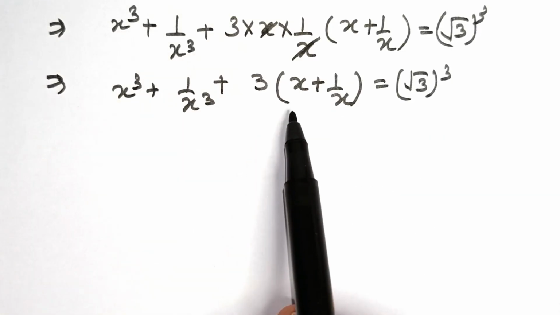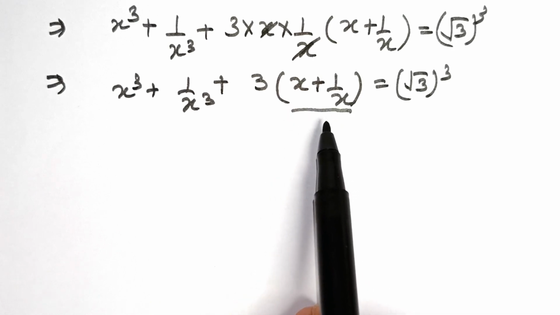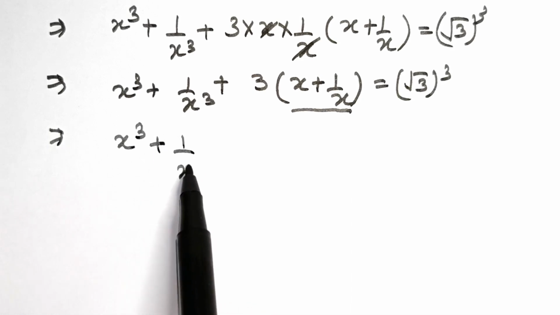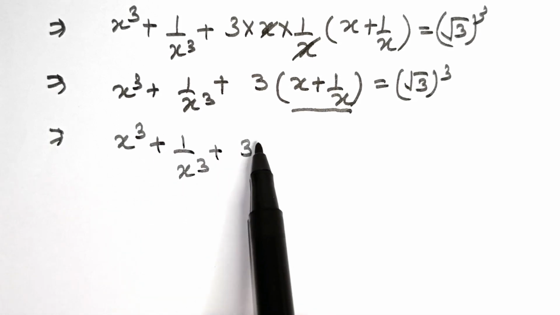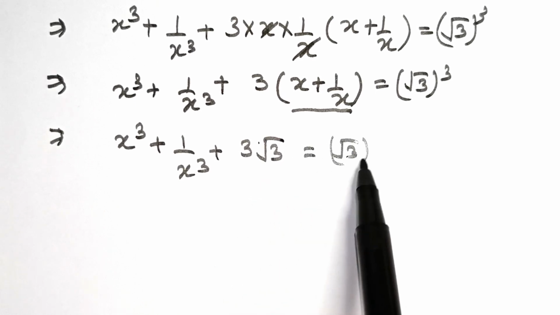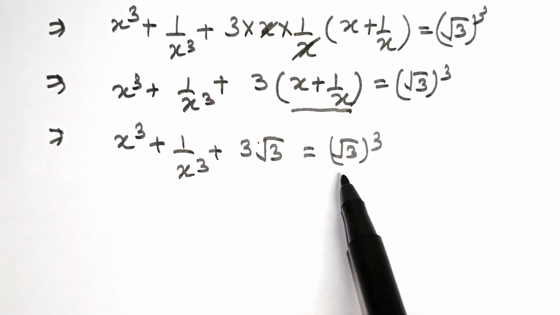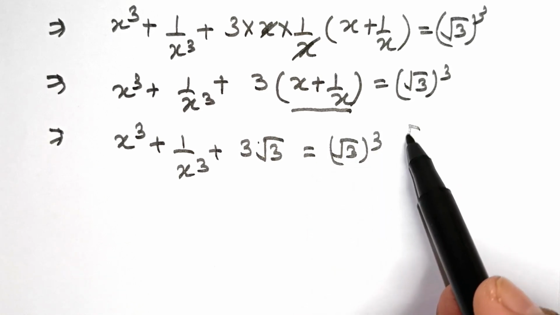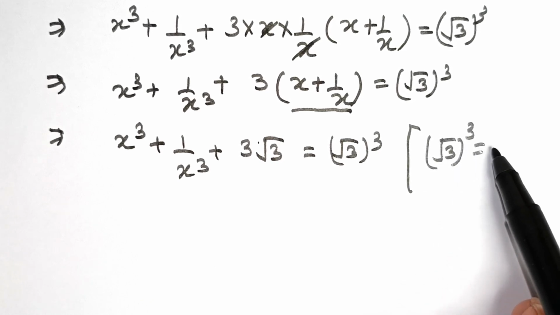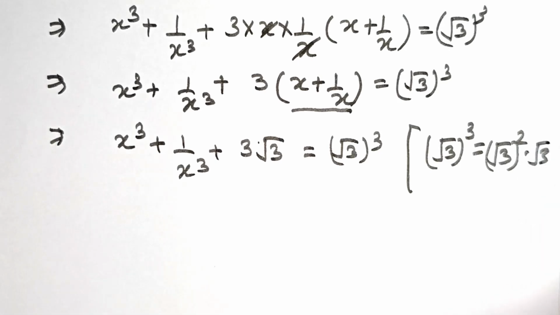Again, as per the question, x plus 1 upon x is root 3. So putting this value, we'll have x cube plus 1 upon x cube plus 3 times root 3 is equals root 3 cube. So we know root 3 cube is 3 root 3. How? See, root 3 cube can be written as root 3 square times root 3.